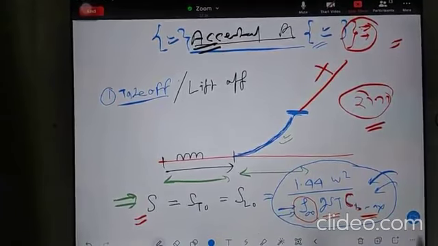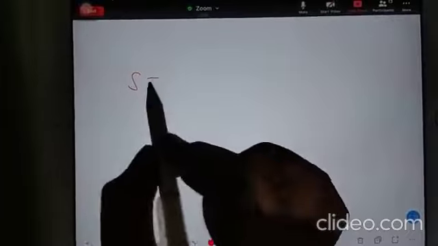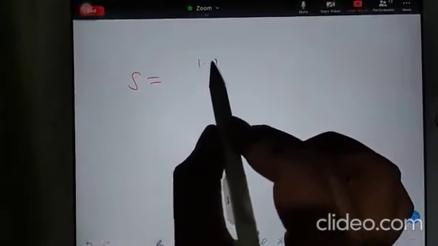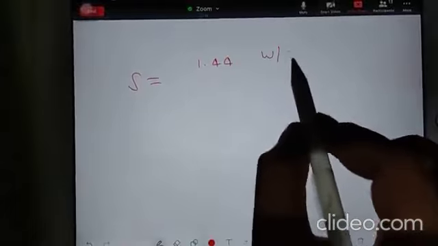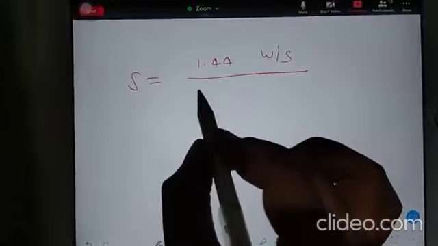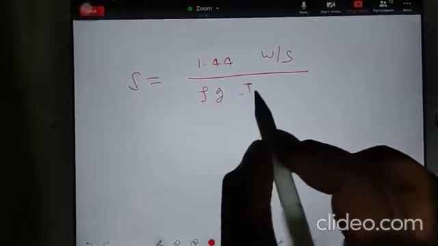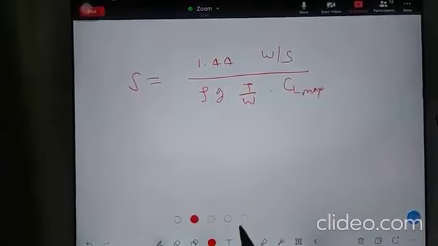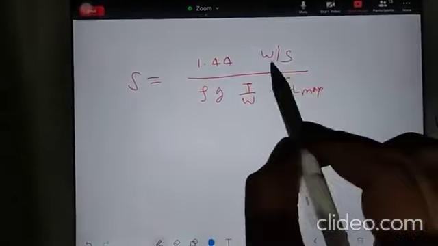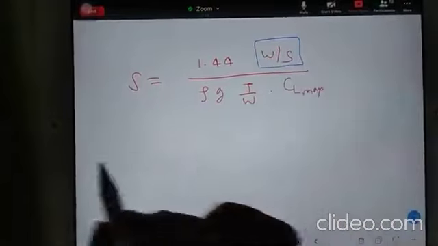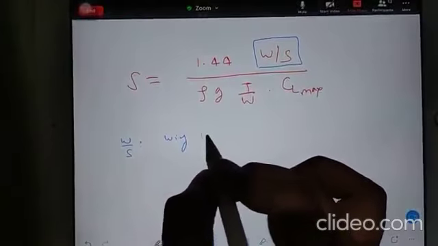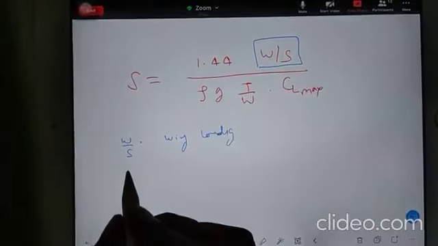Okay, so I will change the page. I will arrange the formula. Same formula. So your S you can write like this: 1.44 W by S divided by rho G T by W into CL max. Okay, you can see this W by S is nothing but your wing loading.